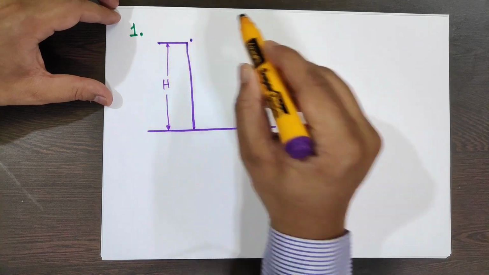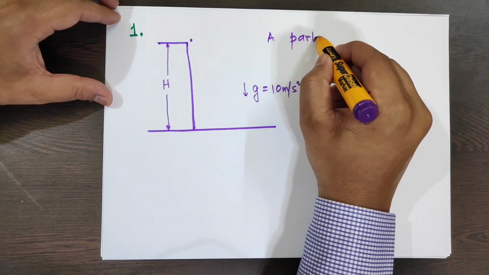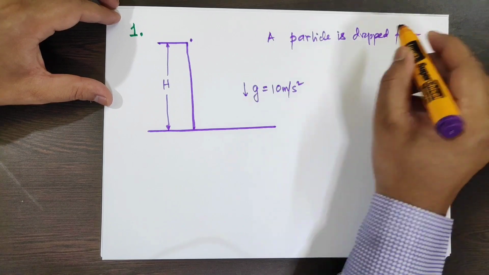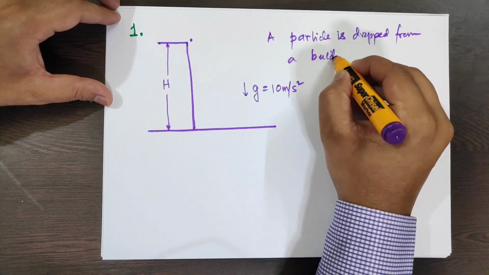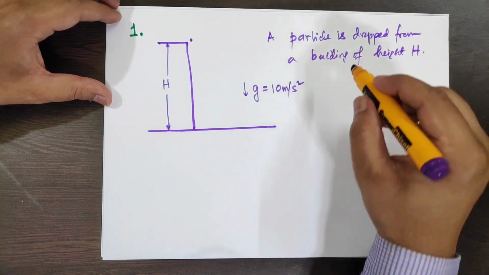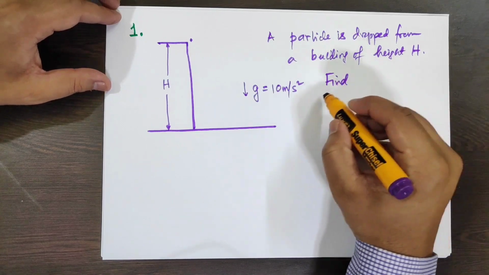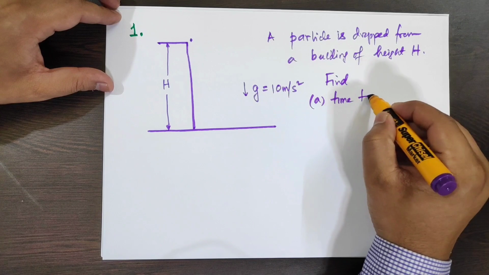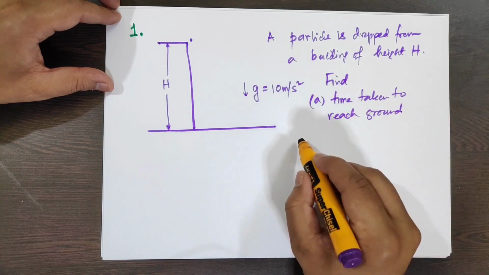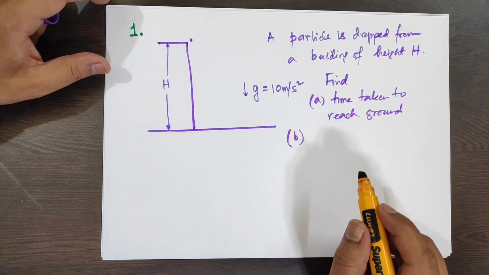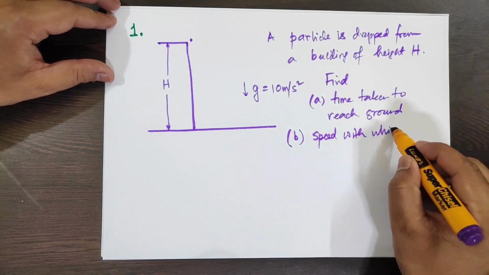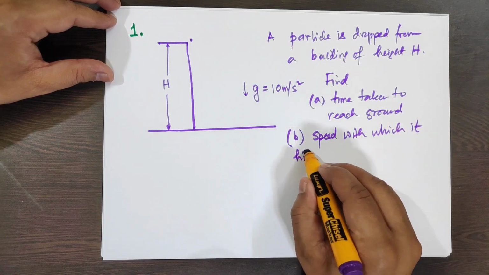Problem is like this. Say a particle is dropped from a building of height h. Now find the time taken to reach ground. First question. Then the speed with which it hits the ground.